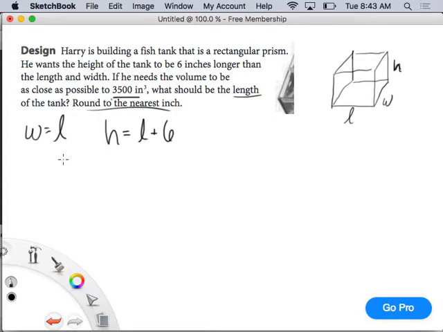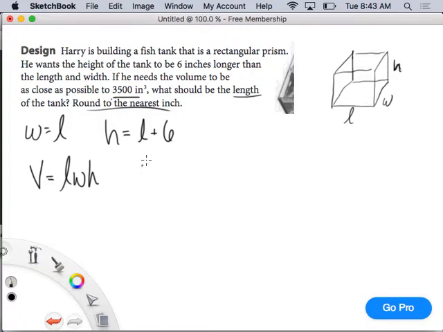Okay, well, our volume equation, what's our volume for a rectangular prism? Anybody? Length times, very good, length times width times height.